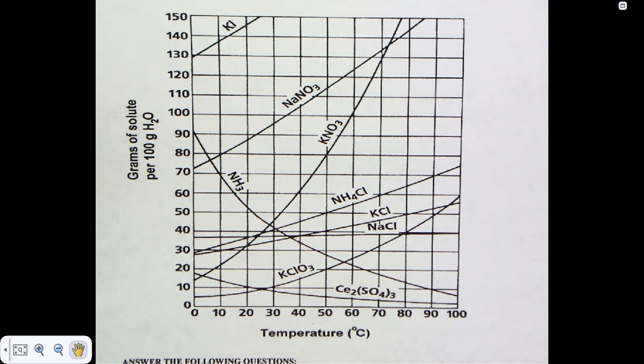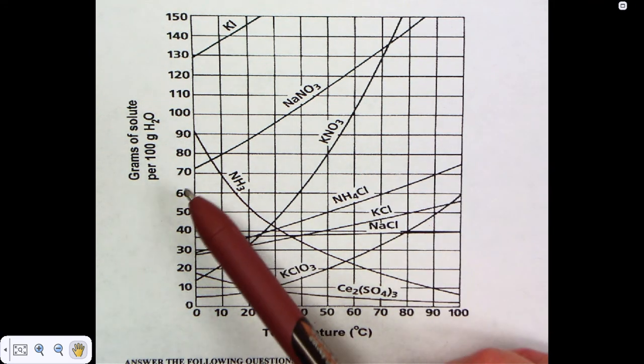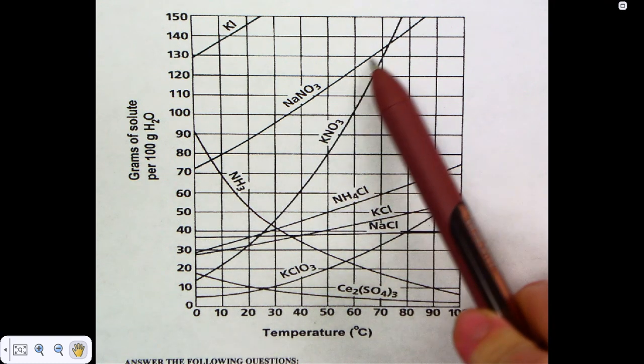All right. There are a few basic questions that you would be asked relative to a solubility curve. The first one would be to determine what type of solution. There are three types: a saturated solution, a supersaturated solution, and an unsaturated solution. A saturated solution occurs when I have just the perfect amount of solute per solvent molecule, and that is what's represented by the lines here.